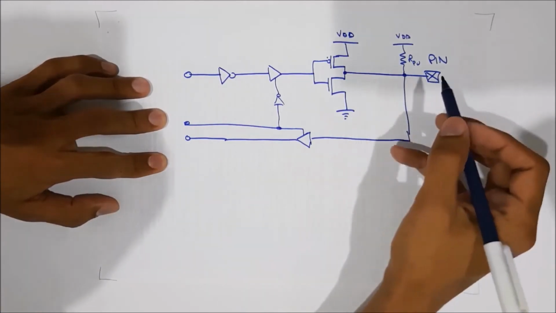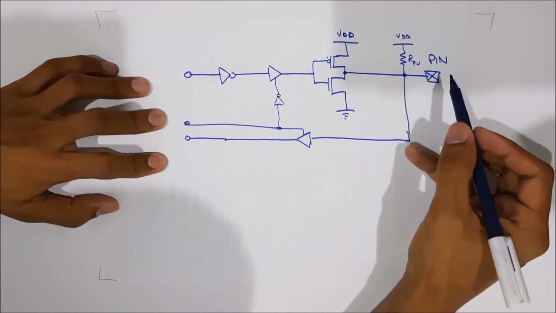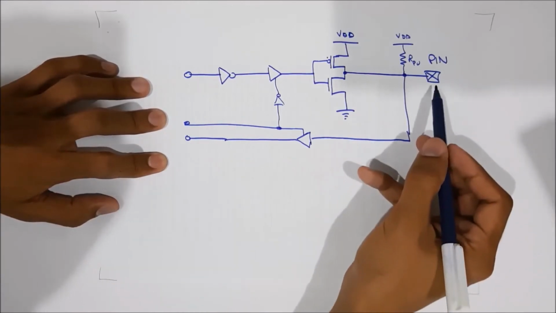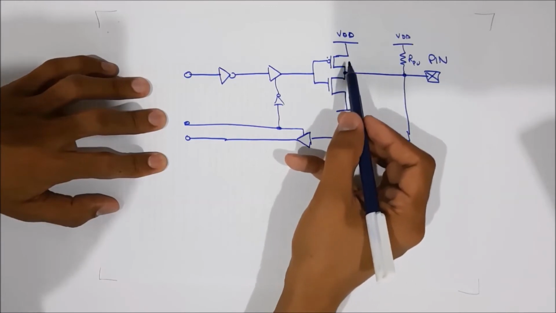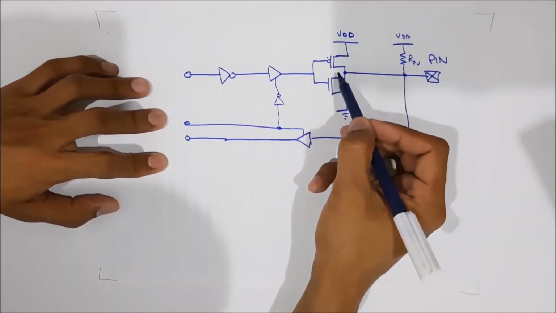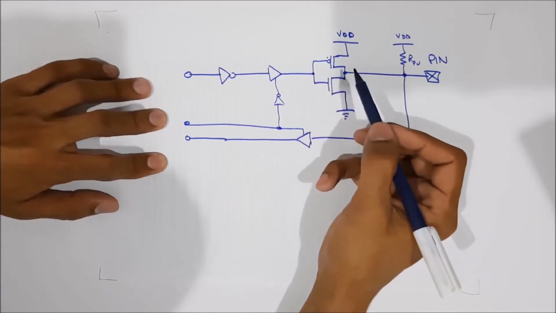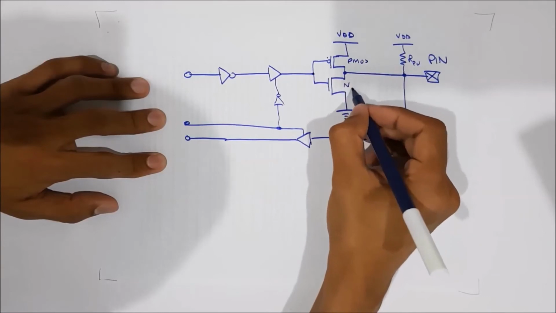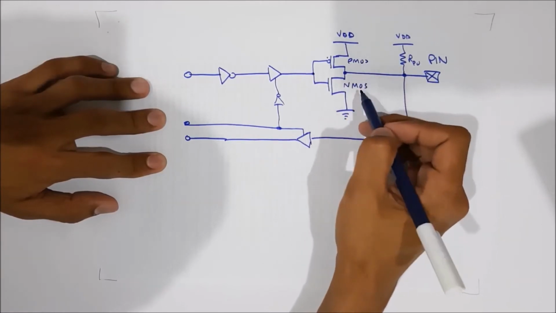So this is one pin of any single port, and this pin is connected to an NMOS-PMOS complementary metal oxide semiconductor pair. Here this is the PMOS and this is the NMOS, P MOSFET and N MOSFET.